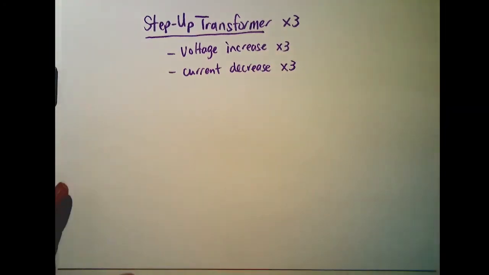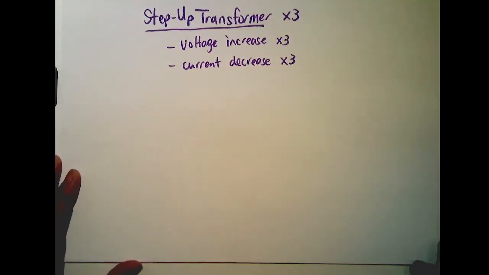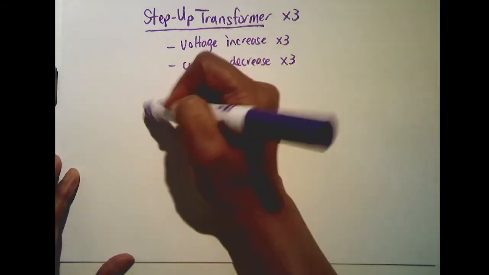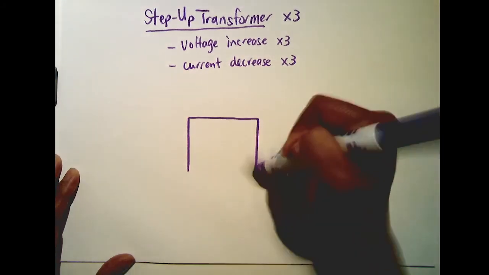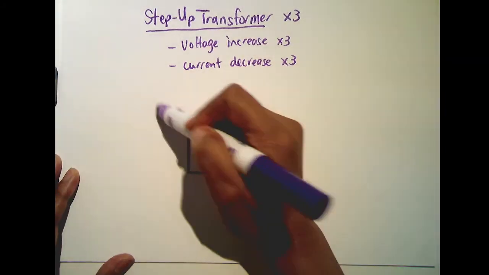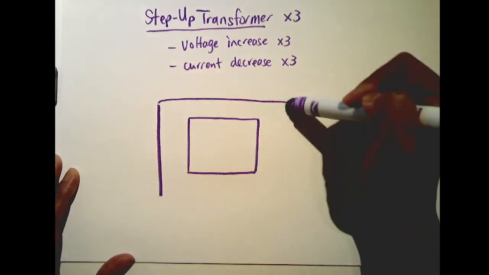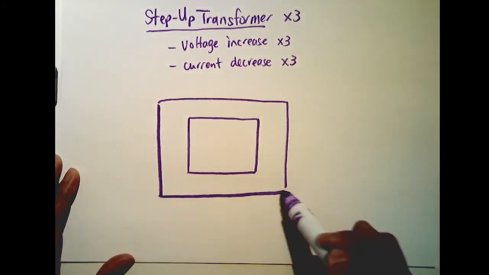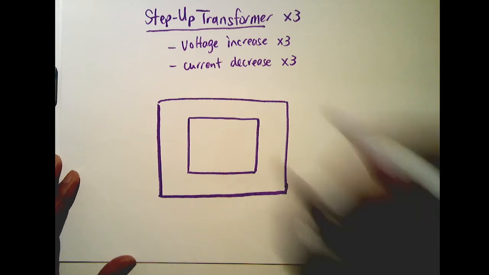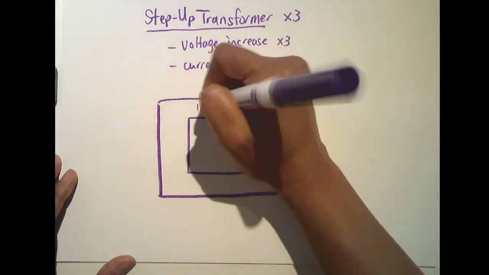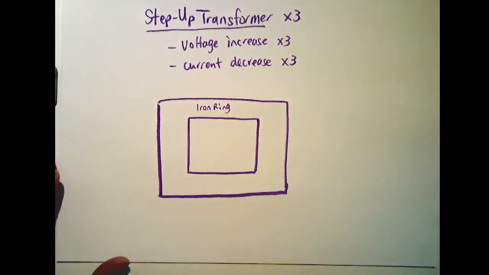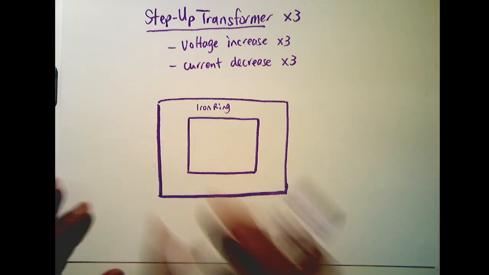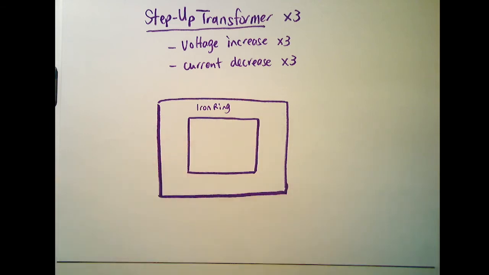Okay, so let me show you how it works. First, you need an iron ring or an iron square. So I'm going to draw a square for you, like so. So this is your iron ring. And then I'm going to have the primary voltage, and it's going to wrap around one side of the square or the ring.